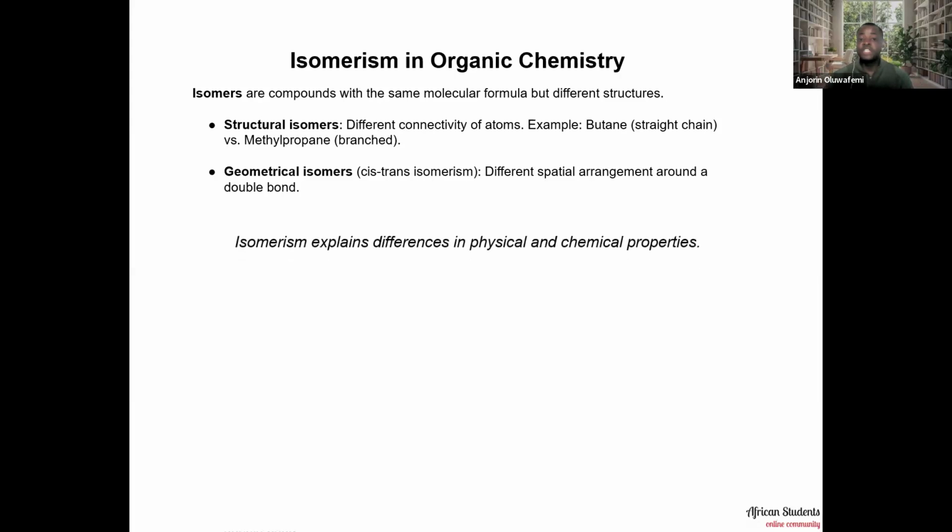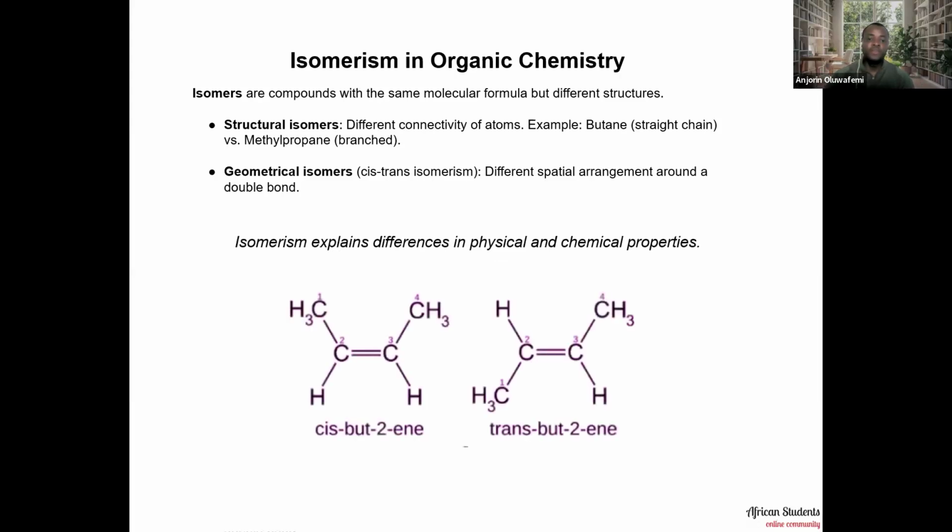So isomerism explains the difference in physical and chemical properties of compounds. Let's look at this diagram: you have cis isomerism and trans isomerism. For the cis, you can see the methyl groups, both of them on the same side, connected to the carbon double bond, and that's cis isomerism for butene.